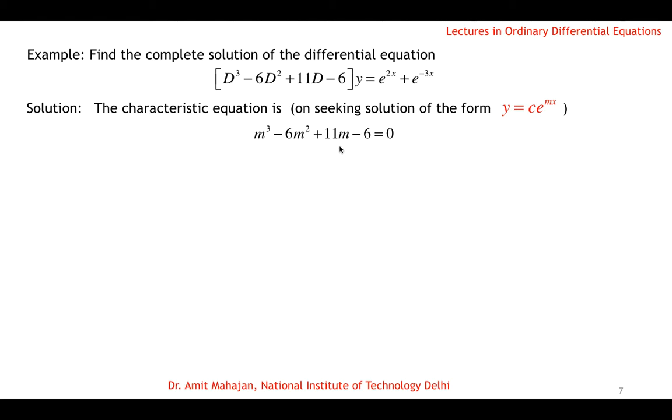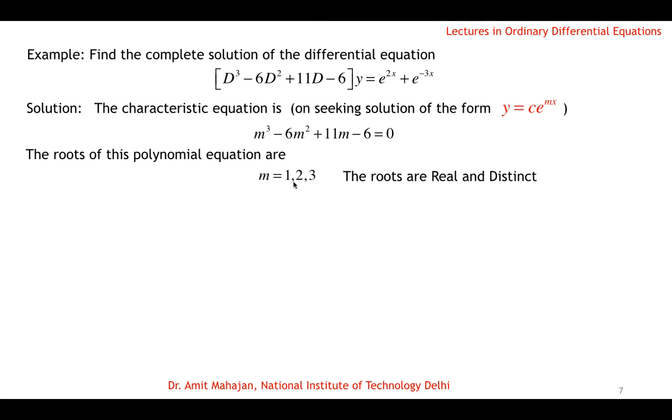It is a polynomial of third order, so we have three roots here. Because the roots are real and distinct, the complementary function is constant times exponential of the first root plus constant times exponential of the second root plus constant times exponential of the third root. So c1 e power x plus c2 e power 2x plus c3 e power 3x. So easily we can write this complementary function.